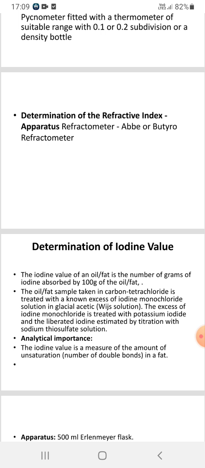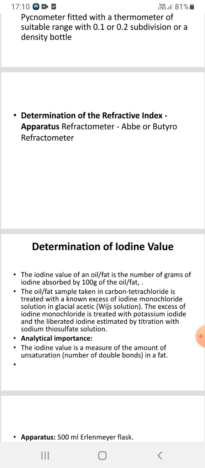We can determine the iodine value. What is iodine value? Iodine value is the number of grams of iodine absorbed by 100 gram of oil or fat. For determining iodine value, take this sample and then add an excess of iodine monochloride to it.